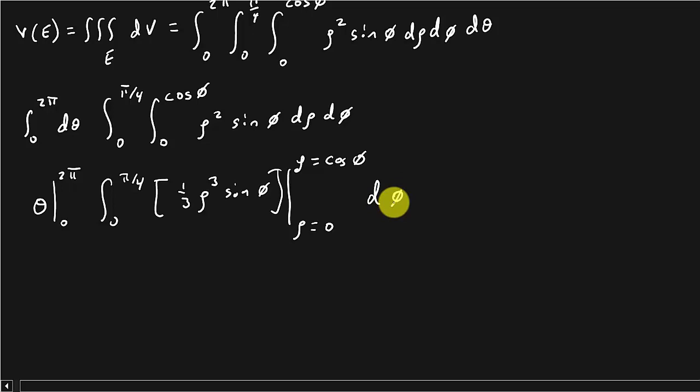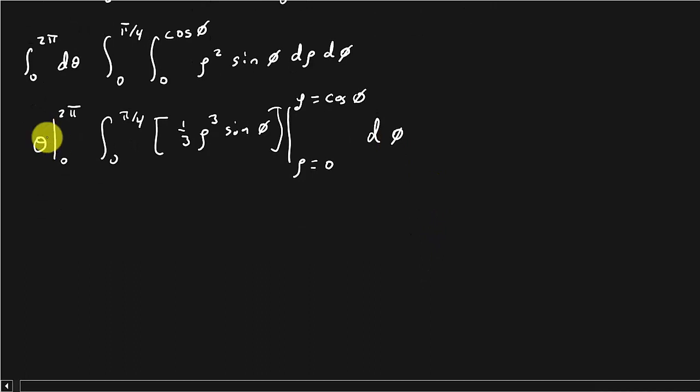All right, so let's see what we've got. This thing over here is just 2 pi. So that's 2 pi, and that's going to be 0 to pi over 4, 1/3 sine phi times cosine cubed phi minus 0 cubed.